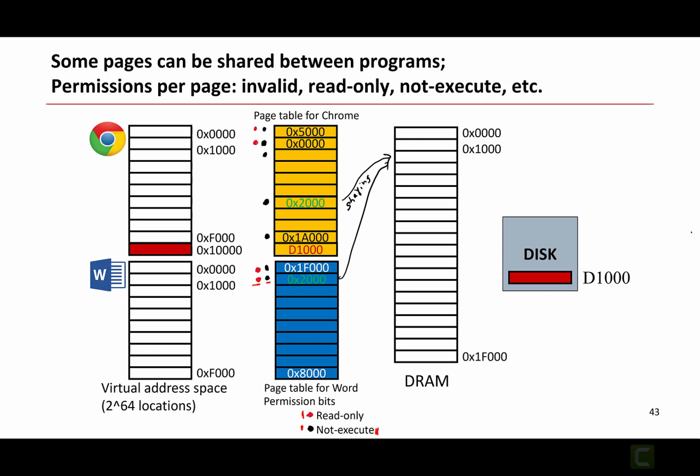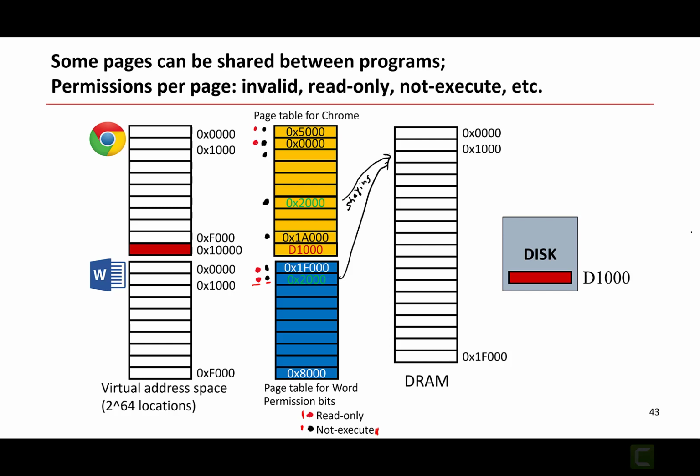You can avoid it by marking the data pages as not executable, so that even if the programmer makes a mistake and there is a buffer overflow vulnerability, the attacker won't be able to take advantage of it. Those are a couple of reasons, and if you want to go deeper into it, I would encourage you to consider taking 482, which is an operating systems course, and also a security course that may give you more details on how to take advantage of that functionality of virtual memory.